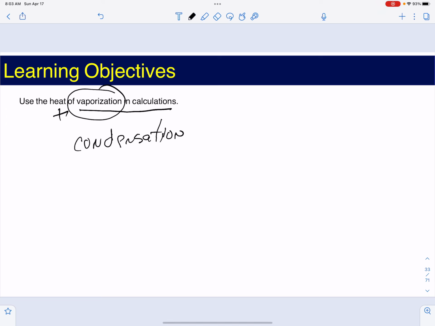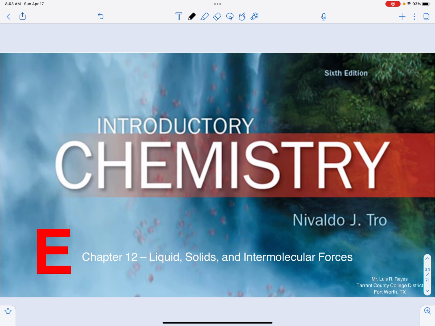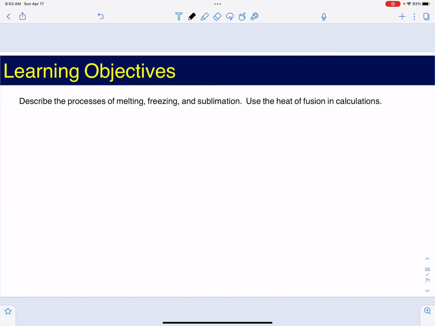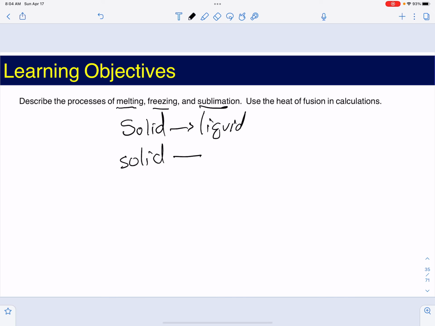Vaporization will require energy, condensation will release energy. And when you're done with that, when we meet again, we will go through the same logic, but this time we're doing it with melting and freezing. So solid to liquid or sublimation, solid straight to gas.